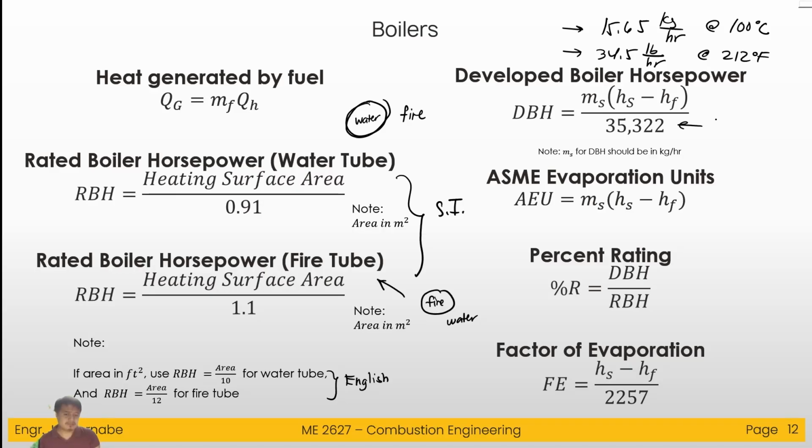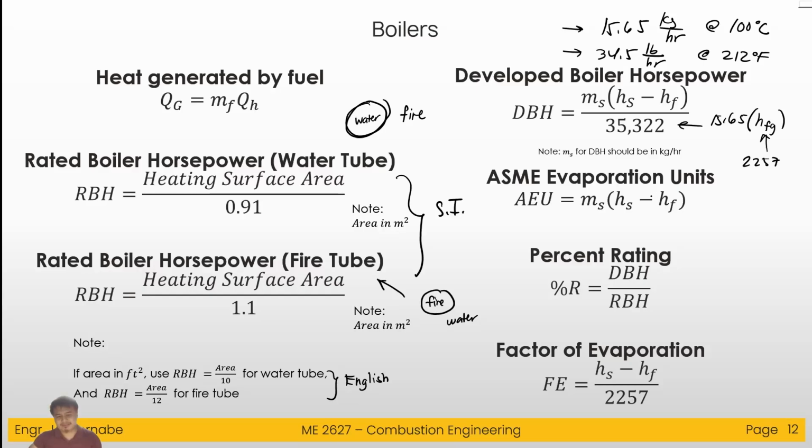If you calculate this, it is just 15.65 times HFG at 100 degrees Celsius. I know HFG is 2257. If you multiply 2257 by 15.65, that will be 35322 kilojoules per hour. So be wary that the mass flow rate here is in kilograms per hour. Okay, so we have the developed boiler horsepower.